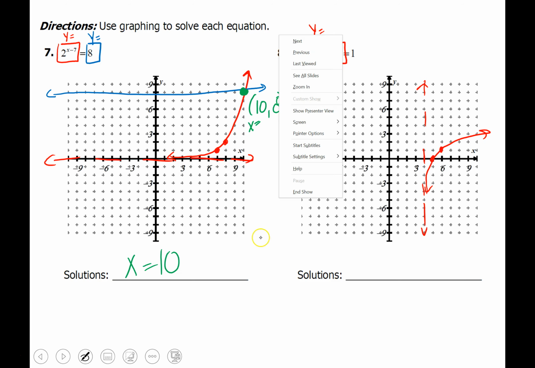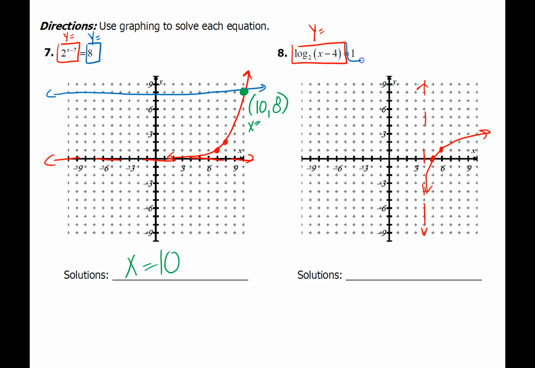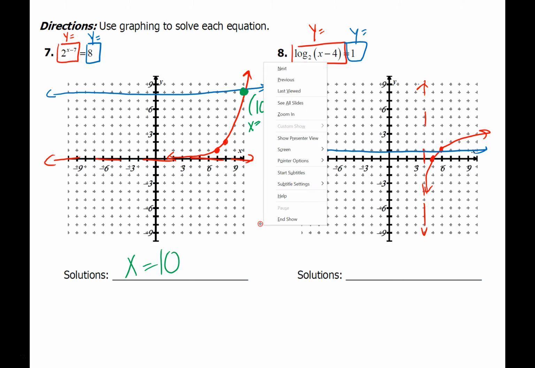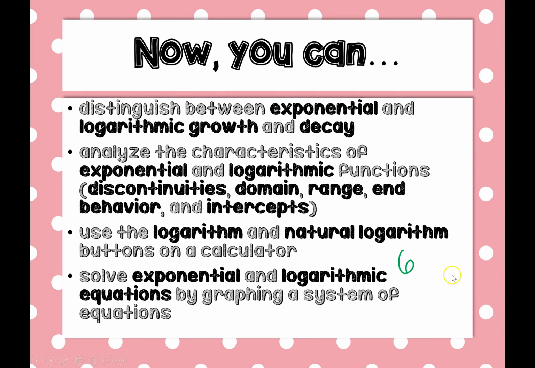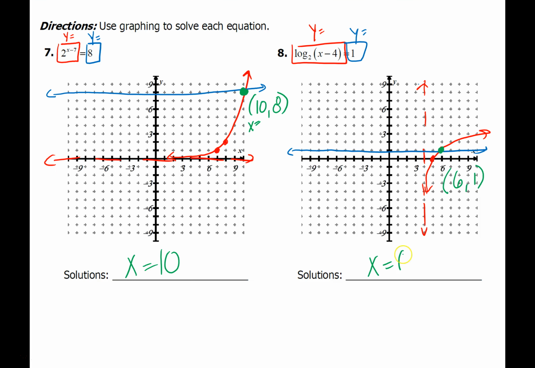My right side, which was that y is equal to 1, is just a horizontal line. And that intersection point, as we saw on Desmos, was at 6, 1, and that x value is 6. So that's my solution. x is equal to 6.